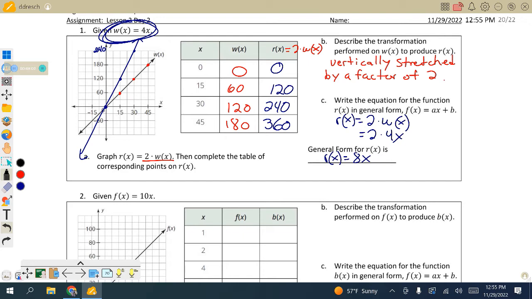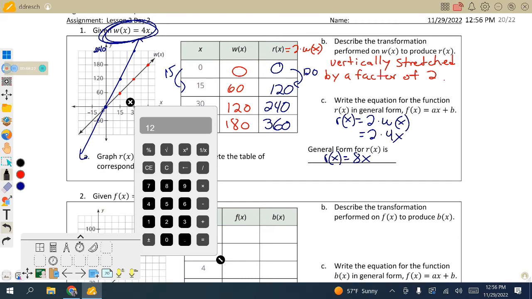Now, like we've been doing, how can we check that out? Doing the steps on my graph is possible, or going from the table is possible. Okay, got some large numbers to work with, but if I use my good old handy dandy calculator, what is 120 divided by 15?